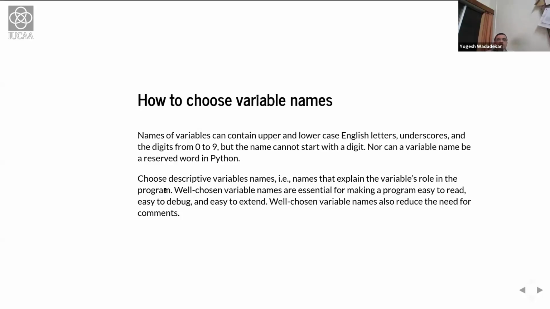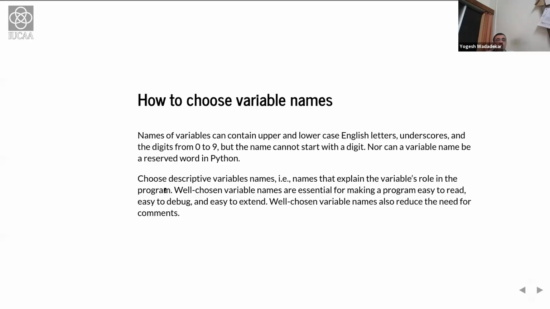And you can use the digits 0 to 9, but the name cannot start with a digit. So you cannot have 5a as a variable name. Nor can a variable name be a reserved word in Python. We'll come to reserved words in a second. So you're not supposed to use reserved words.